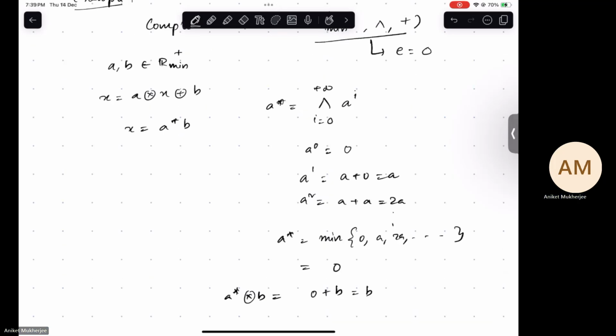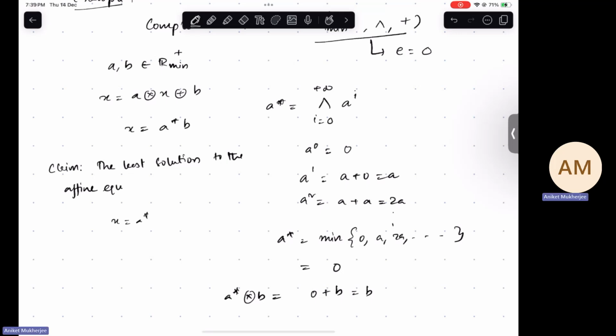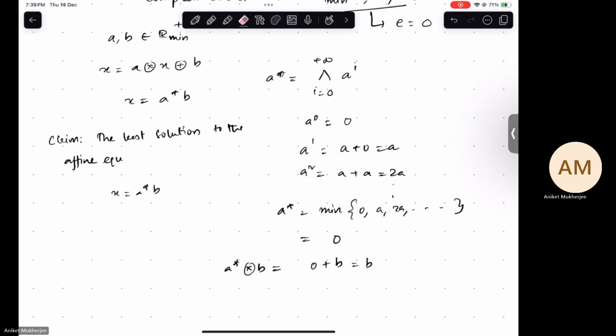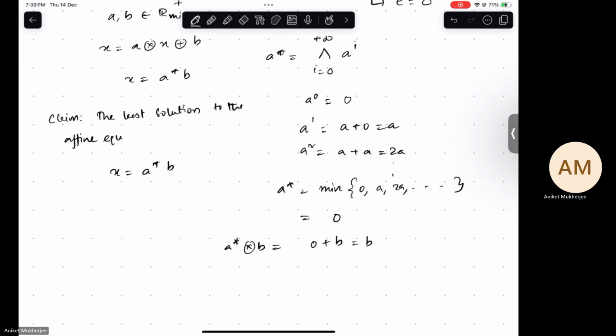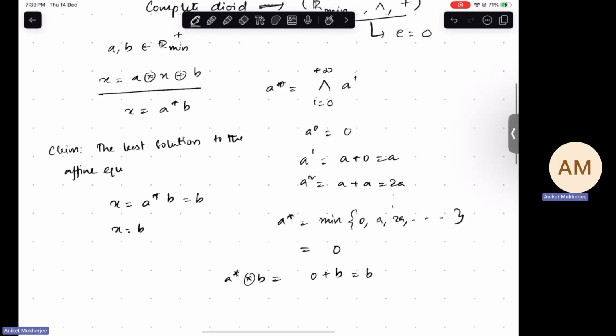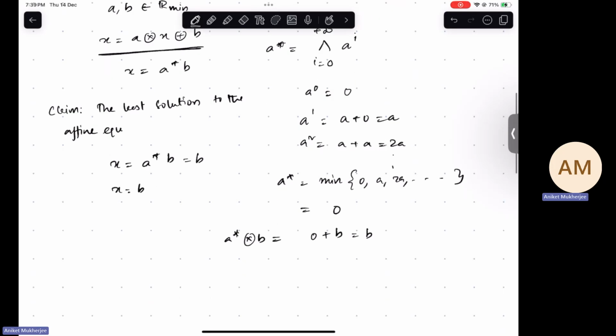Therefore, the claim is that the least solution to the affine equation is x equal to a star b, that is, x equal to b, because a star b equal to b. So now let's substitute b in place of x in this equation and see if it is true.